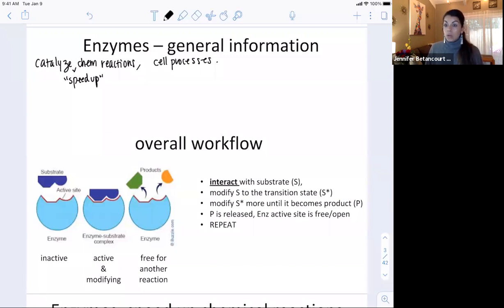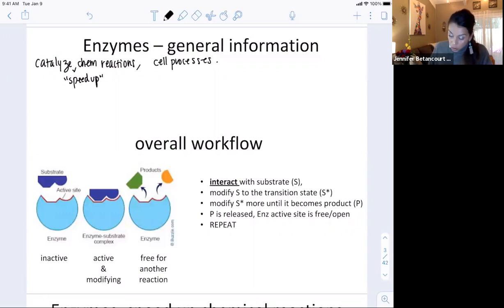Regulated means the cell knows exactly when it should do certain reactions or not. Without enzymes, the cell doesn't have enough energy to actually drive that chemical reaction to completion. So without certain enzymes, the reaction doesn't happen, which means all of the downstream reactions don't happen and that process stops. The cell gets sick, it implodes, and that's that.